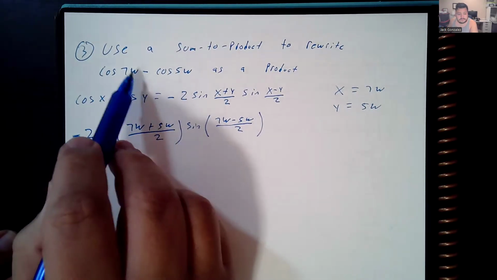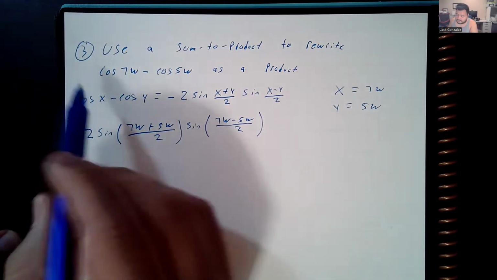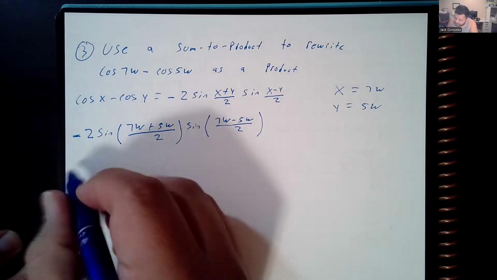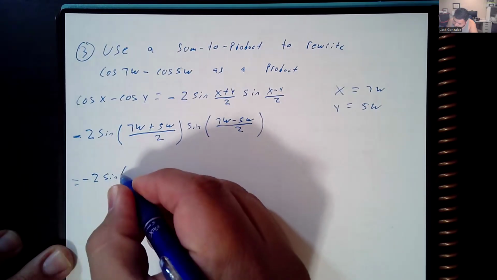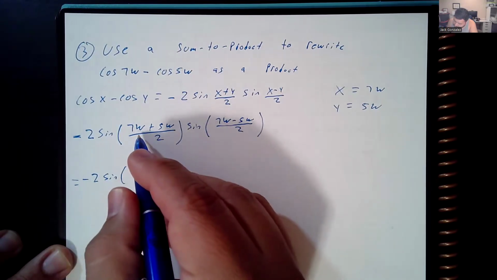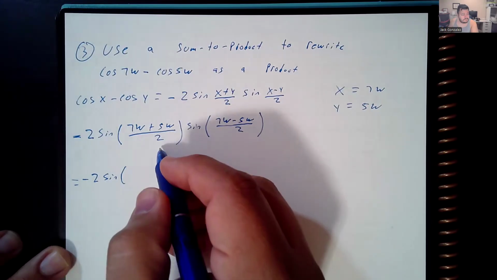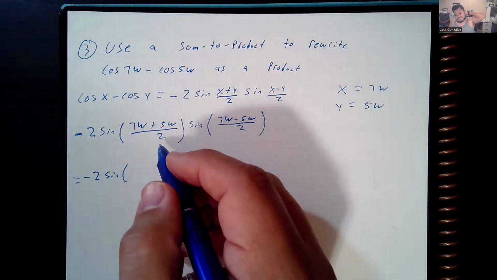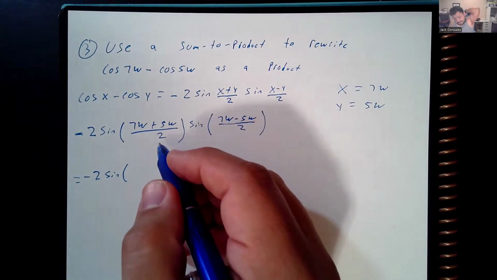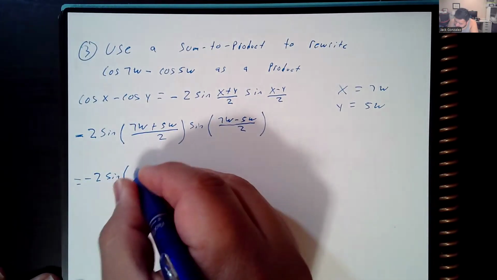I'm applying that to this right here. Basically, I'm jumping from here to here. So that'll give me negative 2 sine of 7 plus 5 divided by 2. Ouch. That's 12. No, sorry, my shoulder. Should be 6w, right?